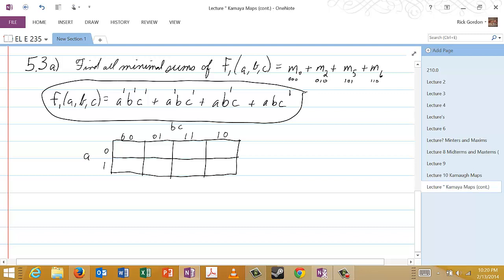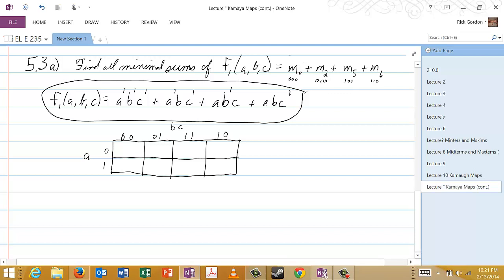We have 0 and 1 on the vertical axis, and then on the horizontal axis 0, 0, 0, 1, 1, 1, and 1, 0. And now the most convenient way to fill in the Karnaugh map is to go back up here to the decimal notation, because we can pick them out real easily.